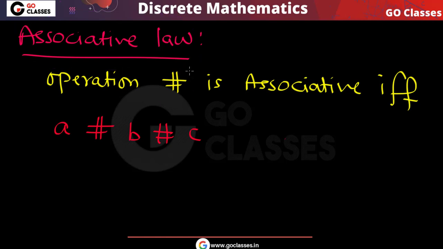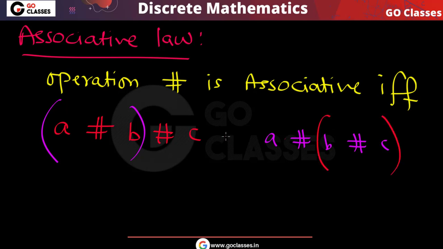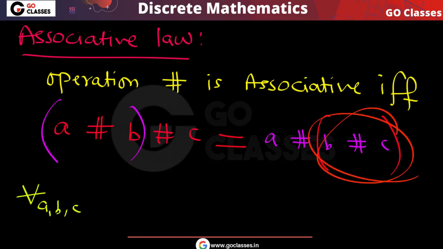You have some operation has, and that operation has is associative if and only if, in a situation like A has B has C, whether you do the first has first or the second has first, these two must always be the same for all A, B, C. This should happen for all A, B, C. Then we will say that this has is associative.